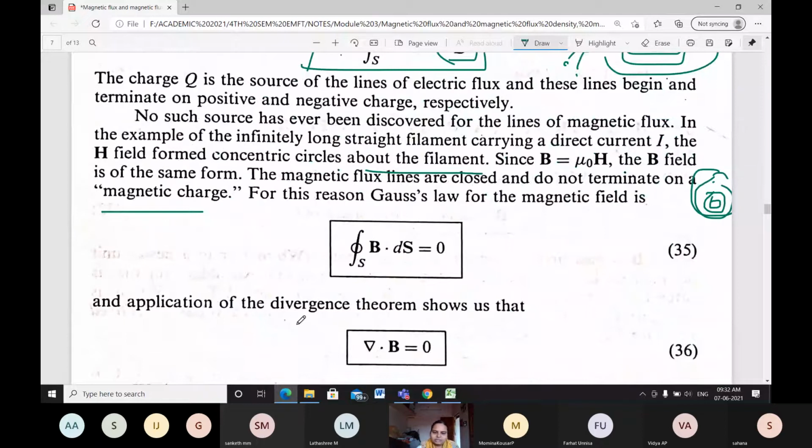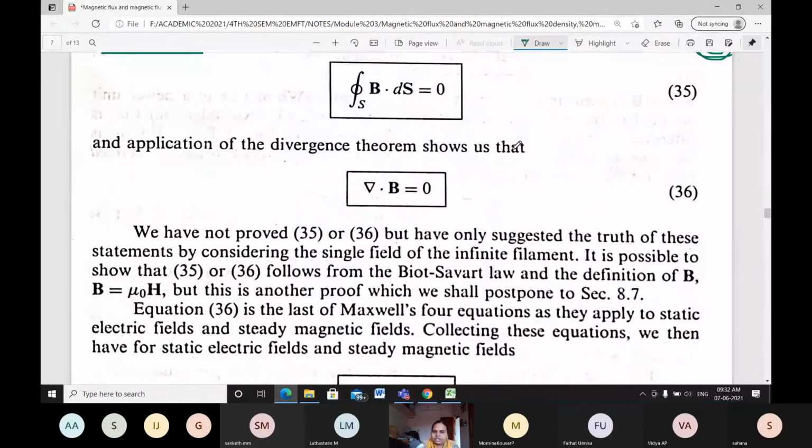Then applying the divergence theorem, we know that del dot B is going to be equal to 0. From these two equations, 35 and 36, mentioned here, it is not proving them, but only suggesting the truth of these statements by considering a single field of an infinite filament carrying the current.